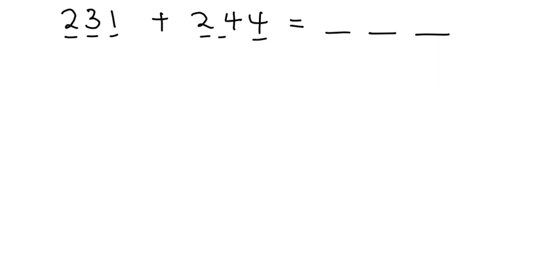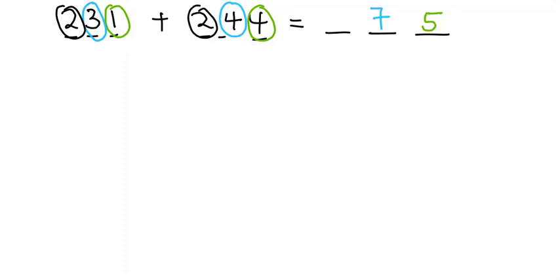At this point, I will first of all add the ones. 1 plus 4 is 5. I put it in the ones place. And then I go to the second one, which is the tens place. 3 plus 4 gives you 7. I put it in the tens place. And then finally, I deal with the hundreds place. 2 plus 2 gives you 4.